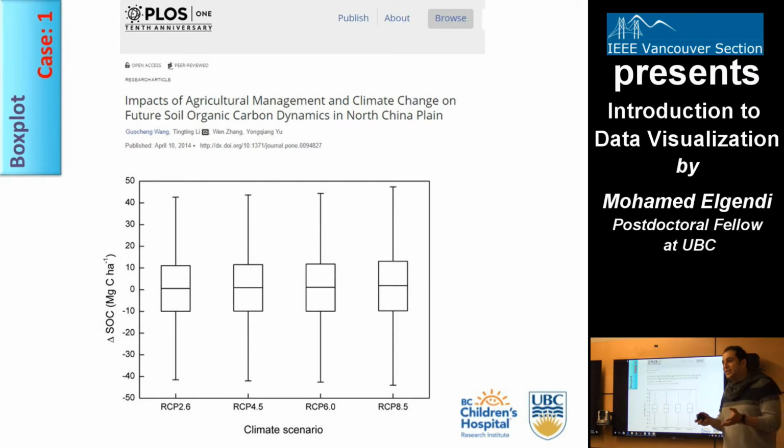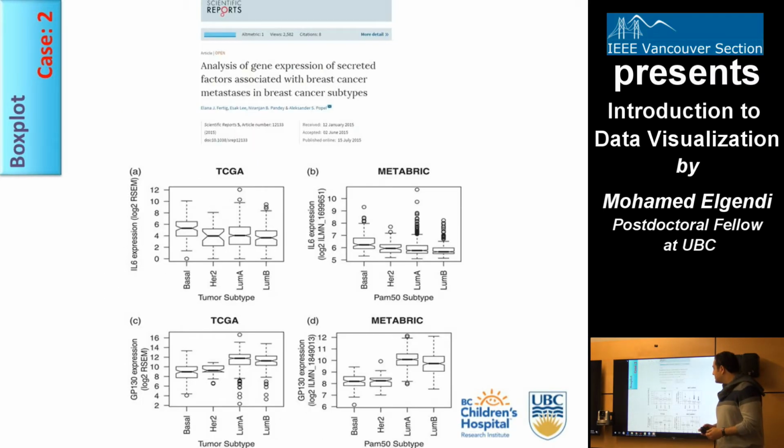Do you see any differences between all these parameters? Not significant. No significance. How about here? This is 2015. If we can improve the figures, what would we suggest?